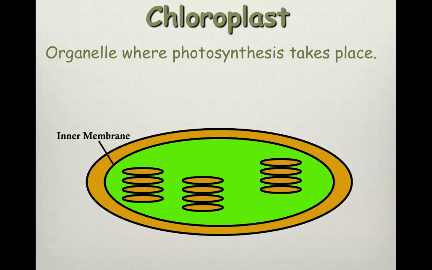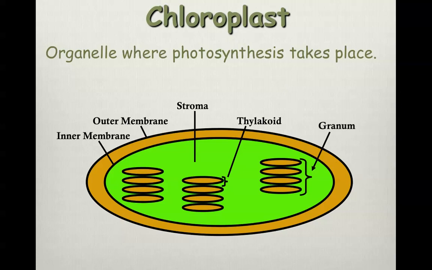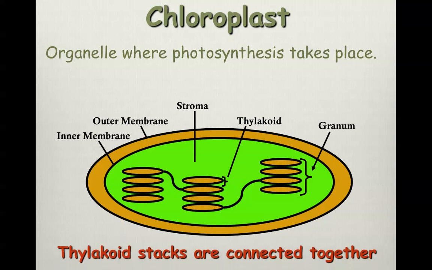It has a double membrane, an inner and an outer membrane, the stroma, which is the fluid inside of it, the thylakoid, which are those enclosed membranes within the chloroplast, and then the granum is just a stack of thylakoids. And each thylakoid is connected together to form the inner matrices of the chloroplast.